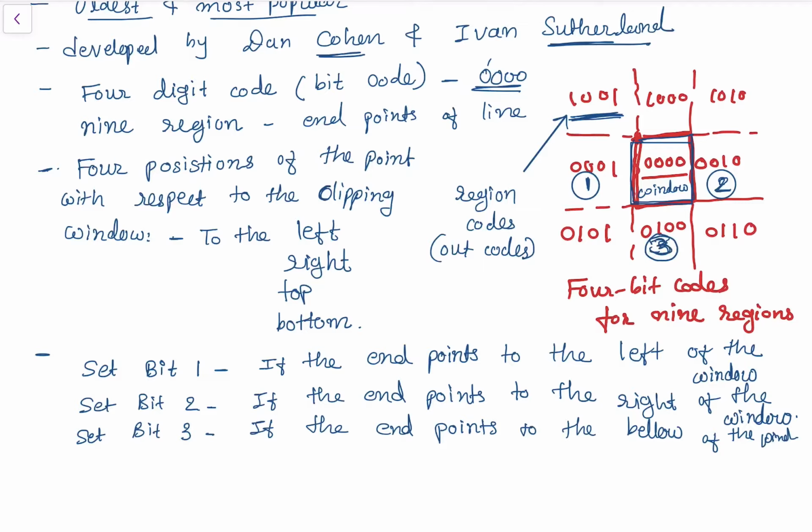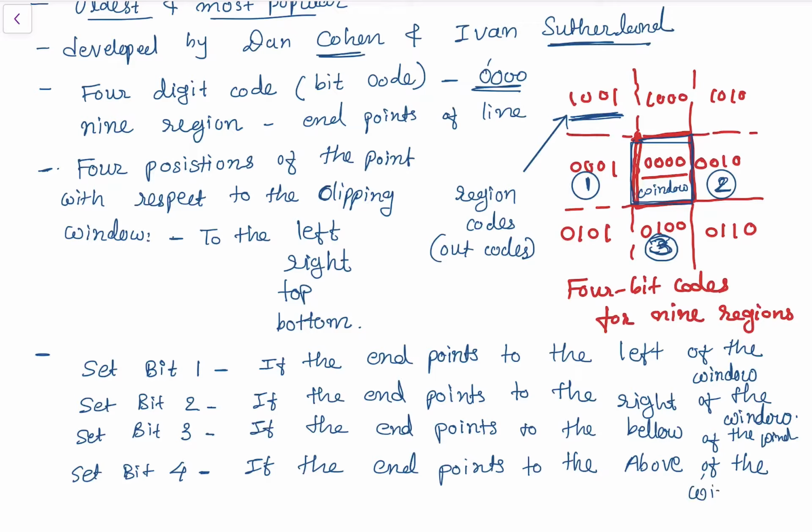This is our third bit code. Now set bit 4, that is if the endpoint is above the window. Above the window is our top code, right?